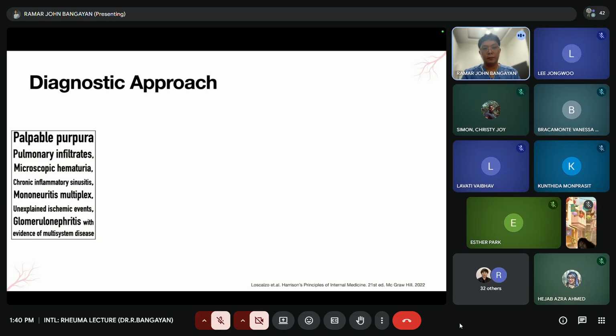When you say palpable purpura, what type of lesion is this? Anyone? Anyone?